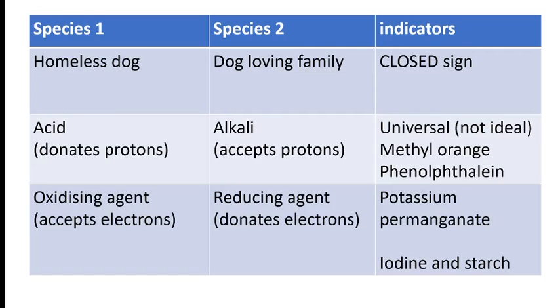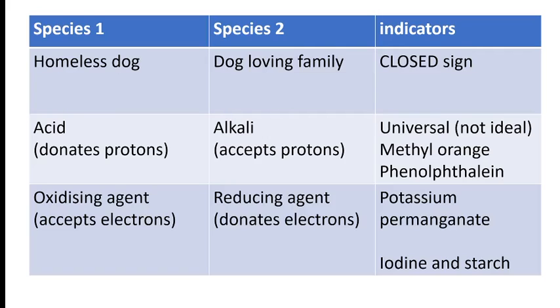So you could mix those 2 things together and get a reaction. It's called a redox reaction in A-level chemistry. Now the indicators we use there are potassium permanganate, or we use iodine and starch. But it's still the same basic principle. We've got 2 chemicals that react together and an indicator to tell us when the reaction is complete.